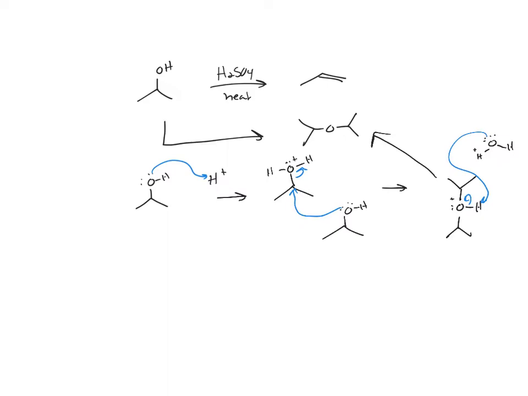Let's get our acid back again. So we can have the formation of alkenes and the formation of ether. This is one way of making ethers.